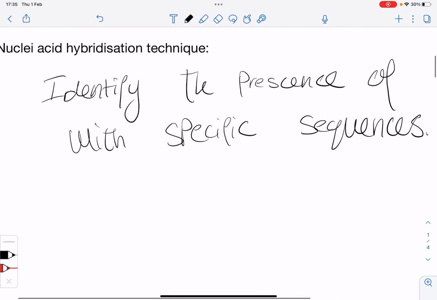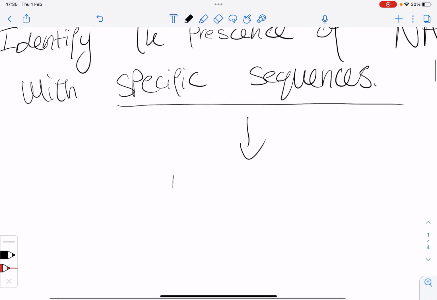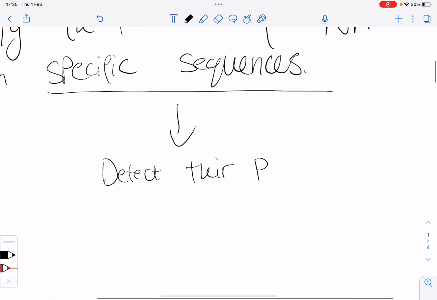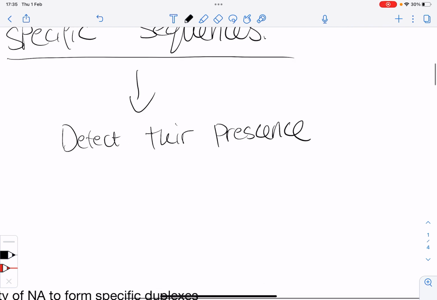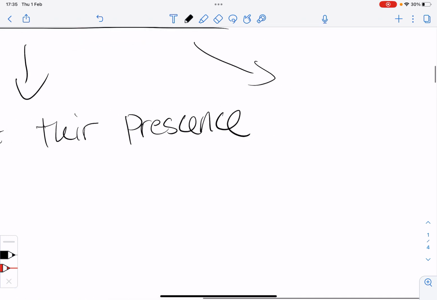So by identifying these specific sequences, we're able to detect their presence, and also quantify how much the abundance is within a complex mixture.